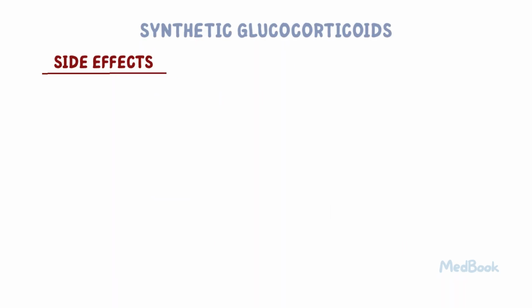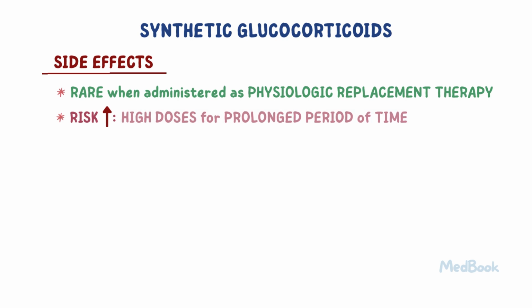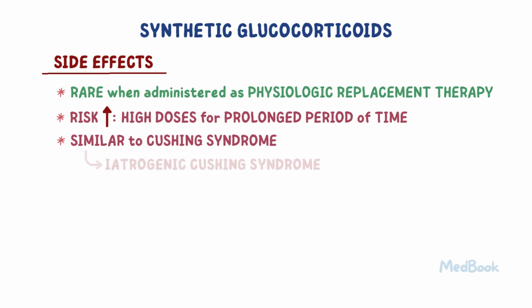Side effects of all the synthetic glucocorticoids are rare when administered for physiologic replacement therapy, but the risk increases in individuals who are receiving high doses for a prolonged period of time. These side effects are pretty similar to Cushing syndrome, since they act just like the cortisol produced by the adrenal glands. When we get these symptoms from an outside source, it's called iatrogenic Cushing syndrome.